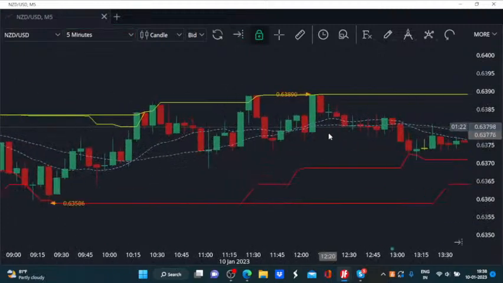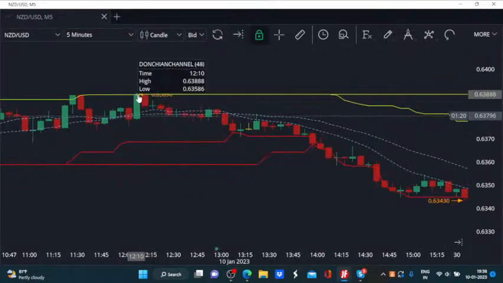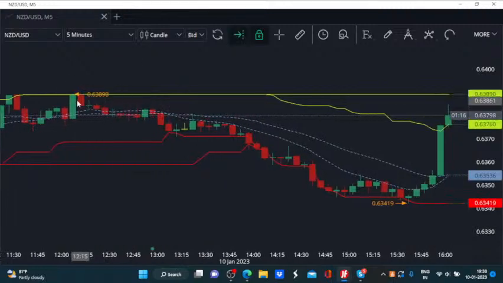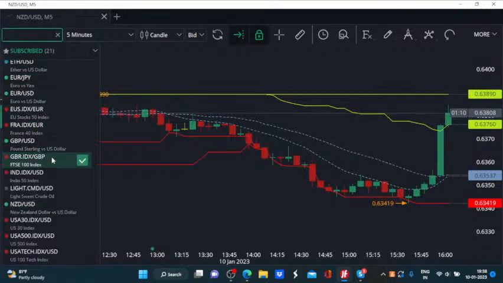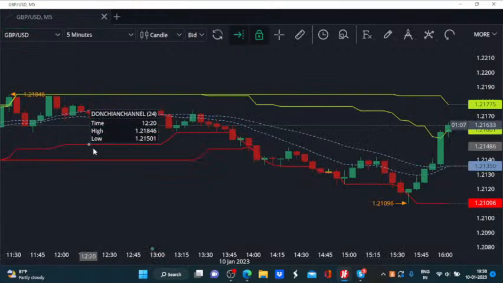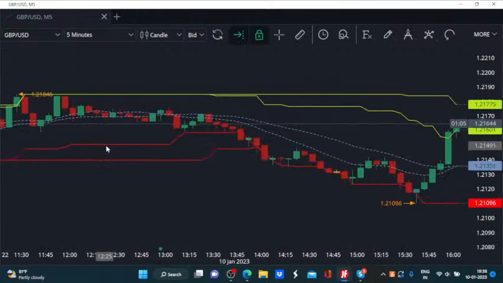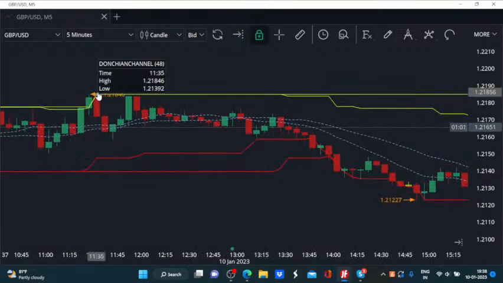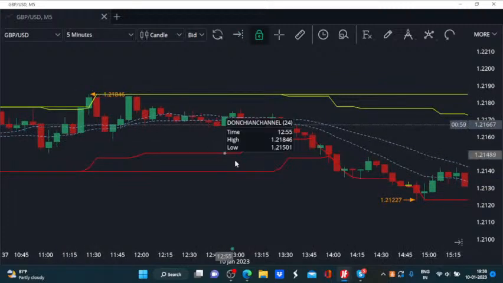Now, the question is whether this is more of a first choice for a buy trade ahead of the GBP or not. It is apparently weaker than the euro, but let's compare the timeline with GBP. For the GBP, the swing high had come in at 11:35.